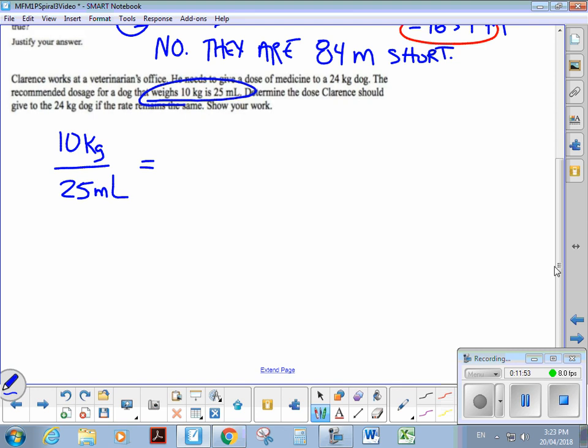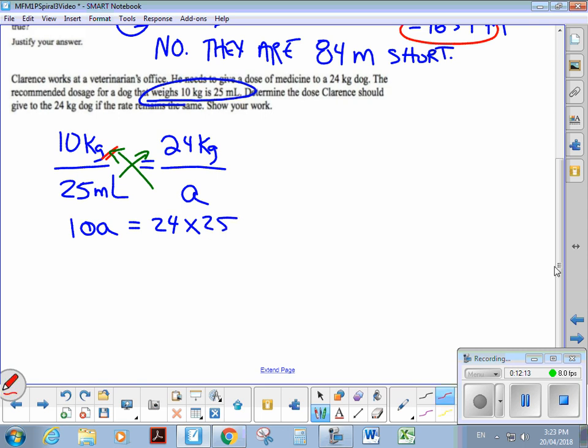Now the dog, I have kilograms on top, so the dog is 24 kilograms, and we are looking for our milliliters, so call that an A. Now we're into cruise control. We've done this so often, everyone should be comfortable with this. 10A equals 24 times 25.